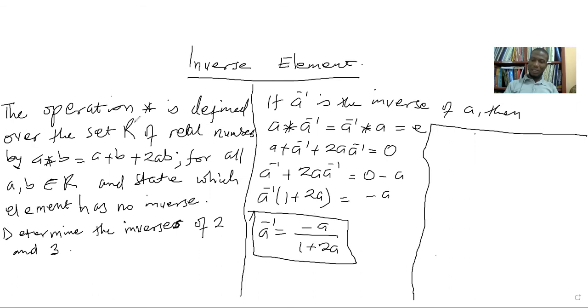So I'll just write the answer so that you check. Let me just call this I. So the inverse of 2 is -2/5.